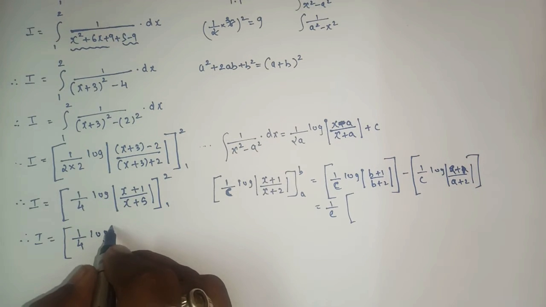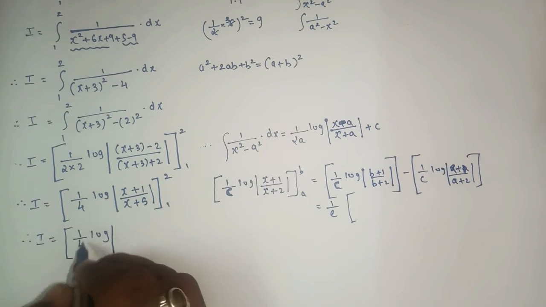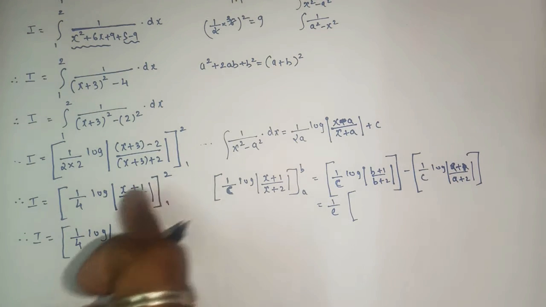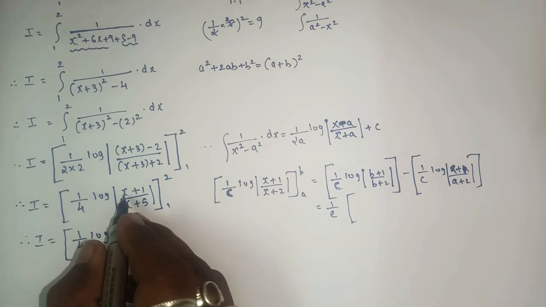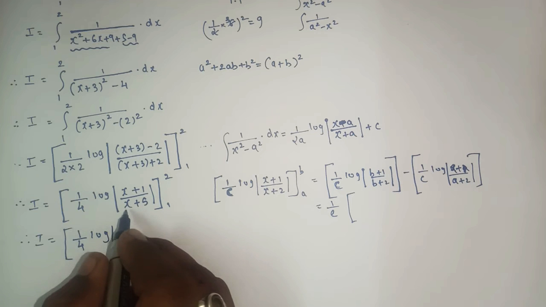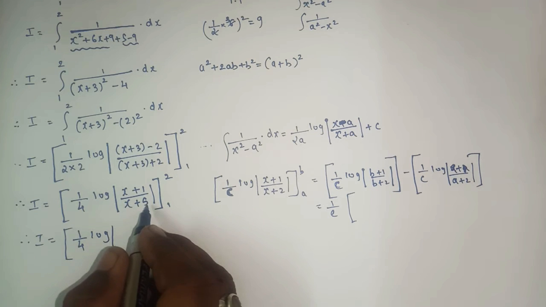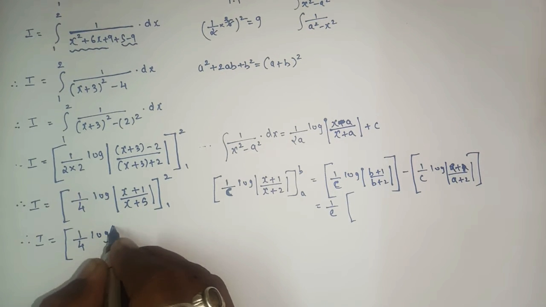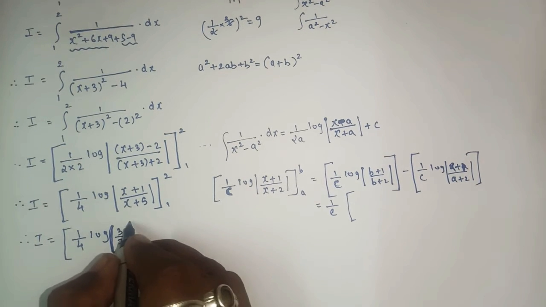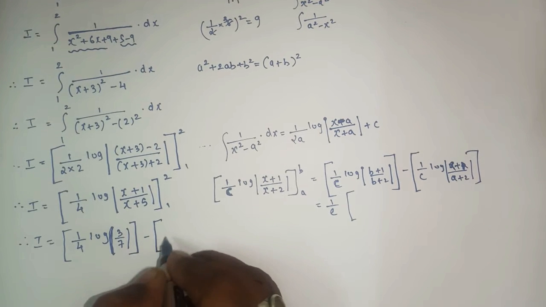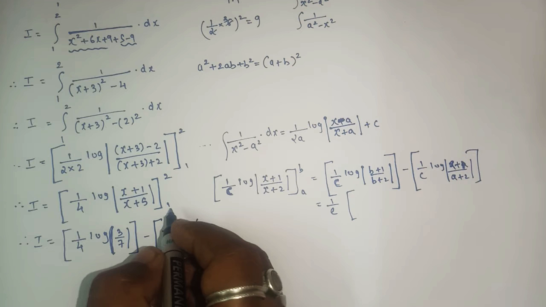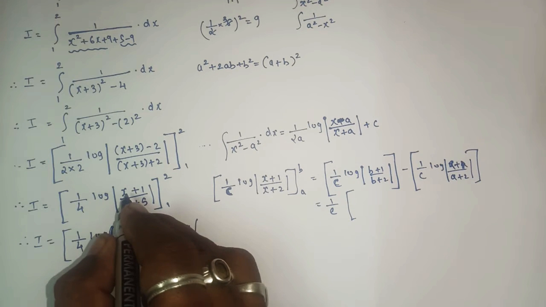So here also we'll do the same thing. If you want to write this 1 upon 4 outside the box, it is okay, or else straight away just replace the value of x first by 2. So here 2 plus 1 will be 3, and 2 plus 5 will be 7. So this part will be 3 by 7, minus 1 upon 4 log, now we'll replace the value of x by 1.